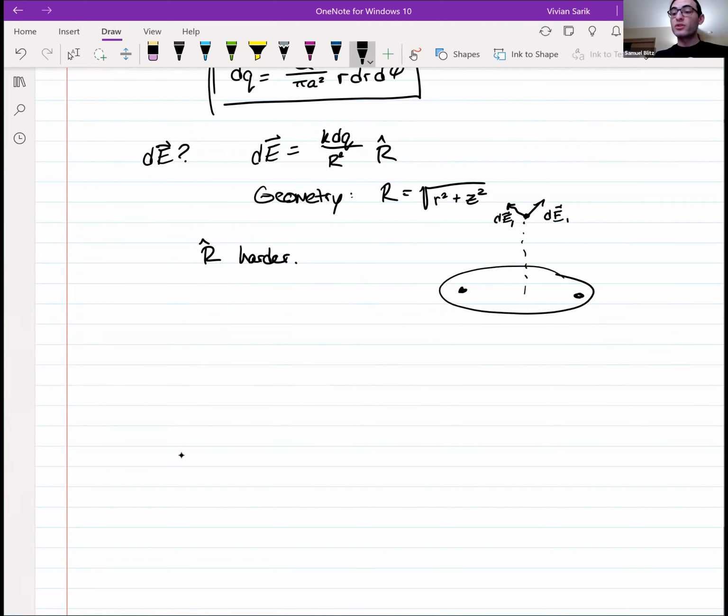And so when you add those two vectors together, you just stack them on top, you end up with a vector that only points in the z direction. And so the whole point here is that the y component and the x components of the vector will cancel with other chunks of charge.